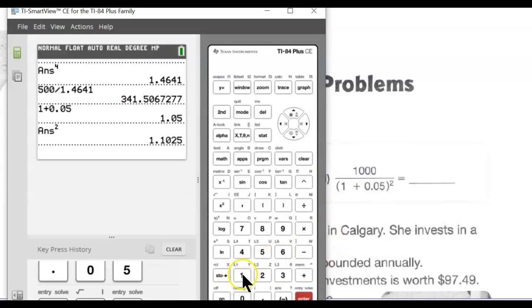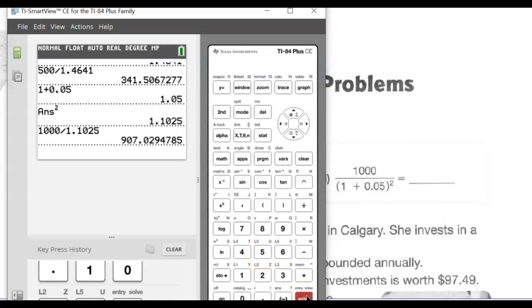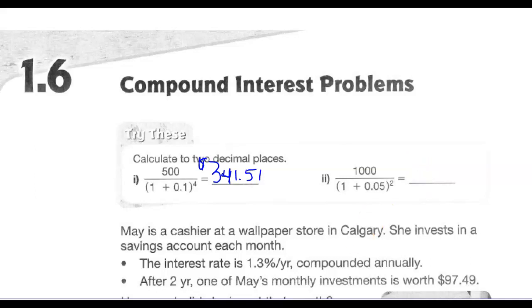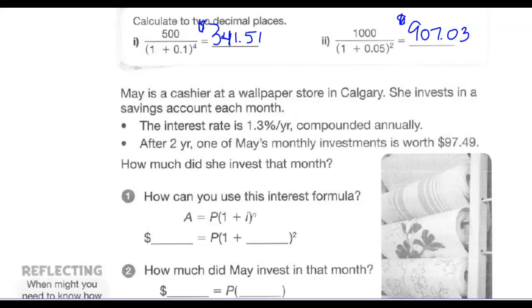And then we'll go 1,000 divided by that number, 1.1025. And that will be $907.03. And then it's money, so make sure you have your dollar symbol.